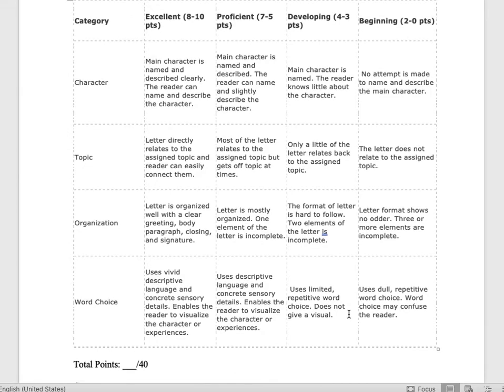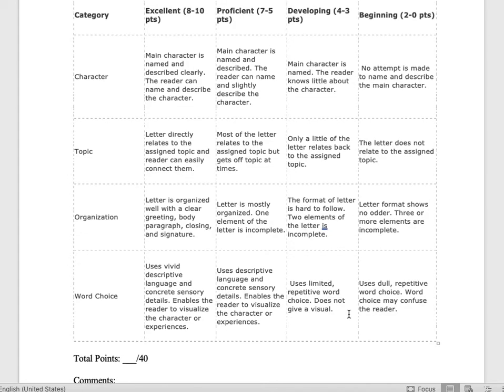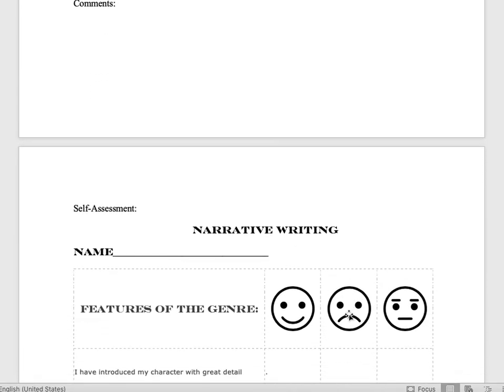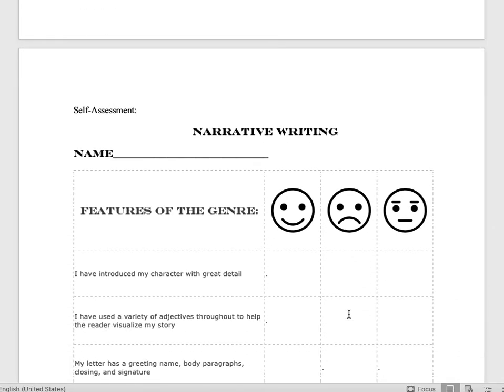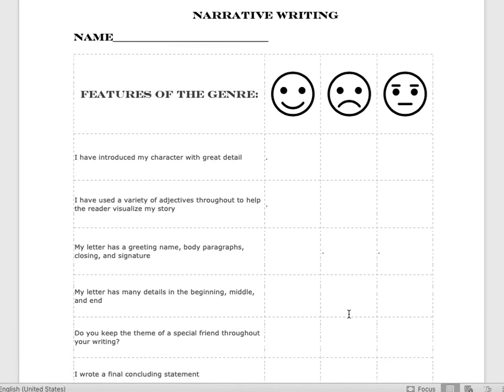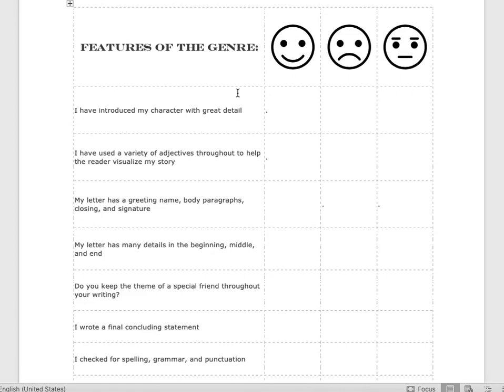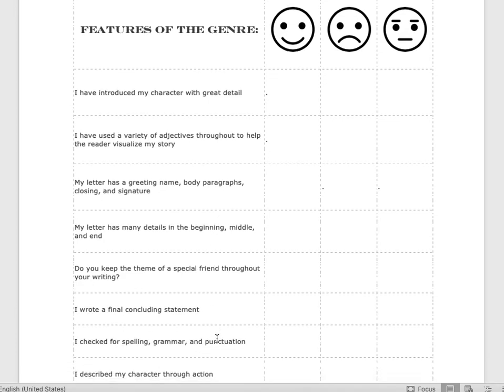Because as I mentioned, the mentor text does a great job of vivid description and so on. And then to help prepare them even more, they will have a self-assessment where they can check themselves to see if they have all these features in their letter.